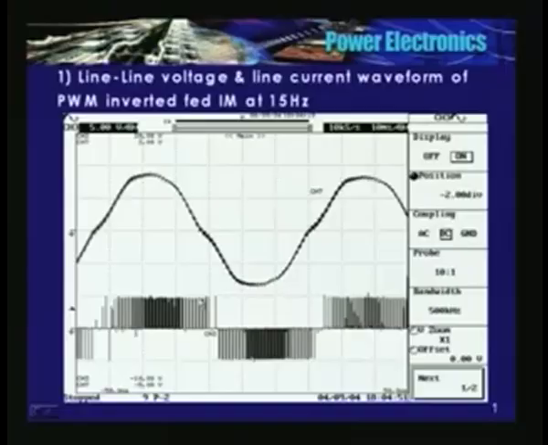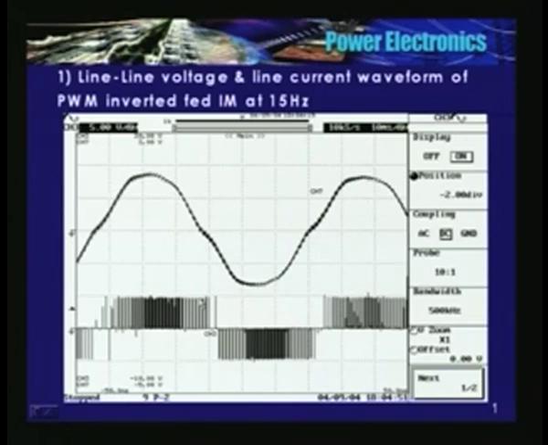Okay. So here are some of the results that we have taken in the laboratory. This is a line-to-line current drawn by the induction motor at approximately 15 hertz. See, without using an inverter, it would not have been possible for us to run the machine at 15 hertz.